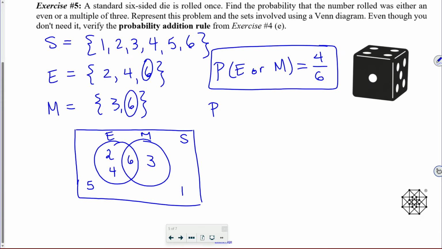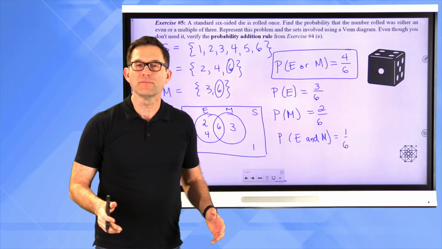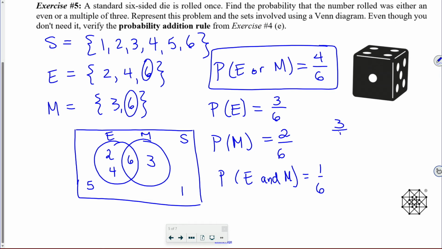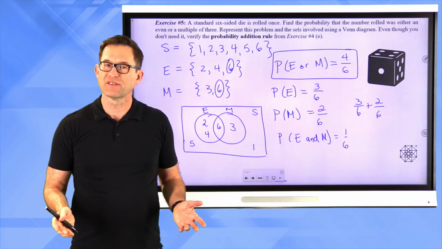But check this out, right? The probability that I would get an even, that's going to be 3/6. The probability that I have a multiple of 3, that's 2/6. And the probability that I would get an even and a multiple of 3 is 1/6, right? So if I just said, well, I'm just going to add these 2 probabilities together, which would be understandable, that would give me too big of a probability. 3/6 plus 2/6 would be 5/6.